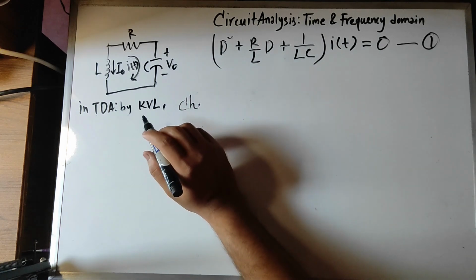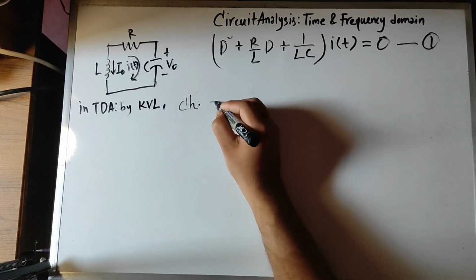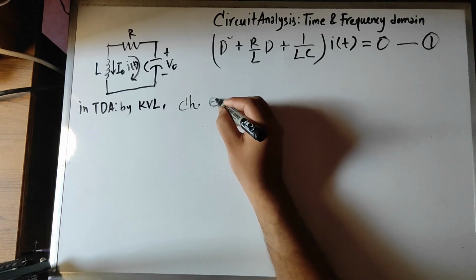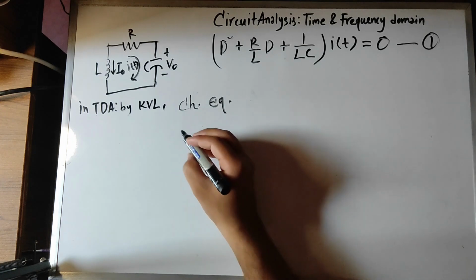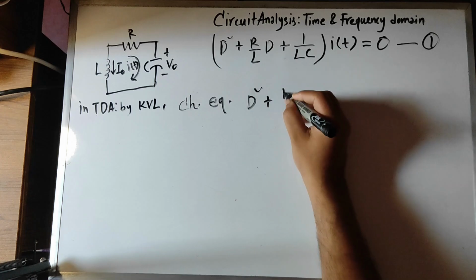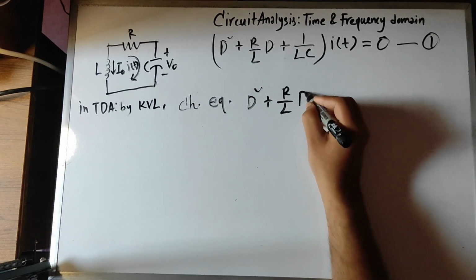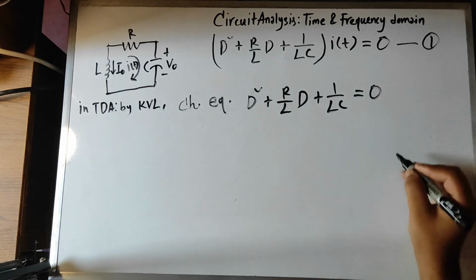For the series RLC source free circuit, the characteristic equation is D square plus R by L D plus 1 by LC equals 0.